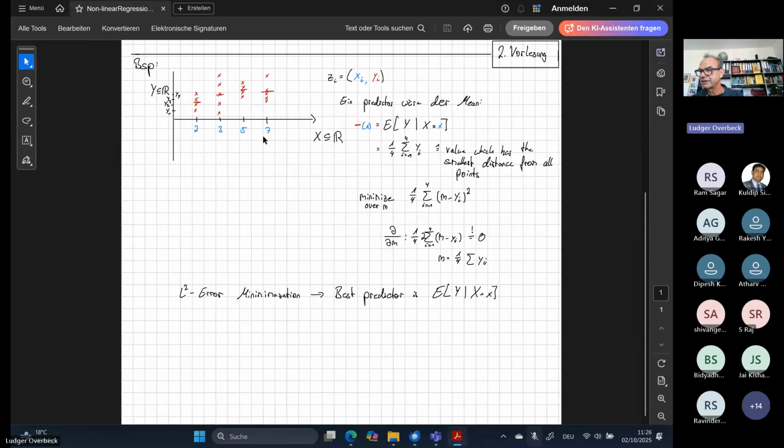Our training set consists of 4 different inputs, and for input equal 2, we have these values of the output, and so on. And if you have now a new 2, which of the 4 points would you assign? Which value?